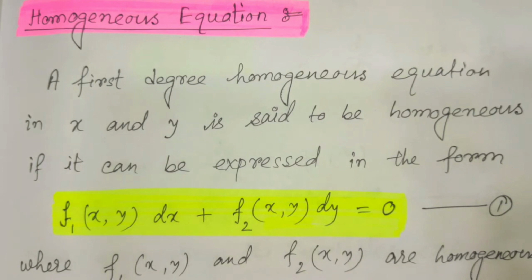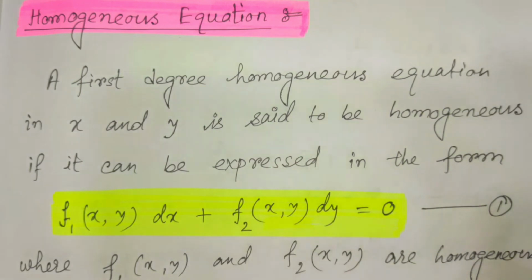And if f1 and f2 both are homogeneous with the same degree, then only can we say the given differential equation is a homogeneous equation, and we can solve it by this method.